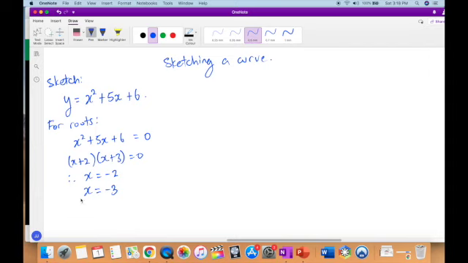That is where it cuts the x-axis. So we have the little graph here. We found the roots where it cuts the x-axis, negative 2 and negative 3. That is when y is 0. But how do you think we could find out the point where it cuts the y-axis?